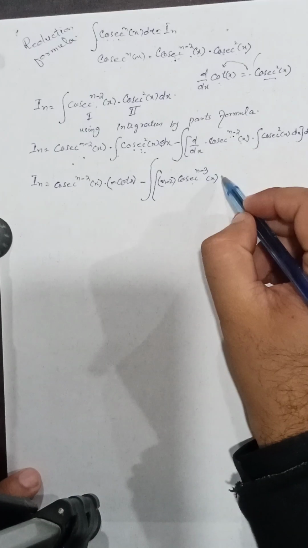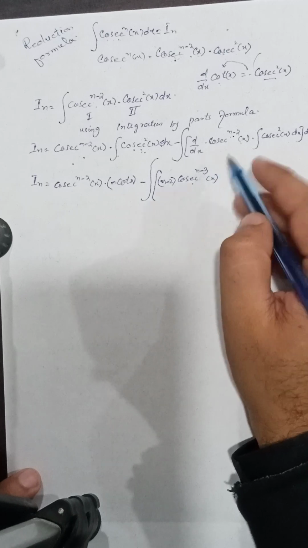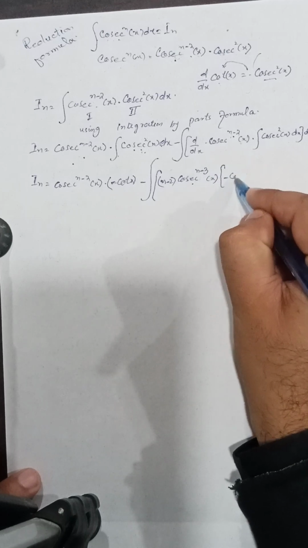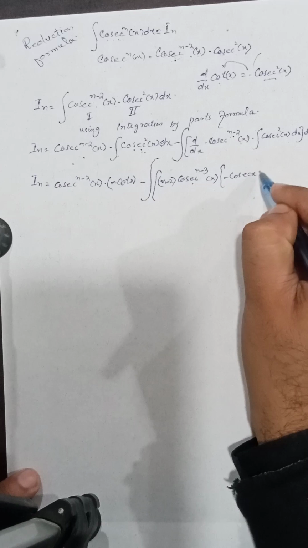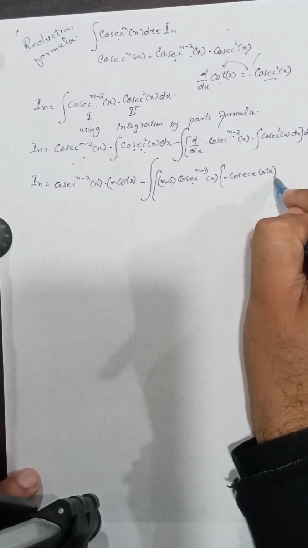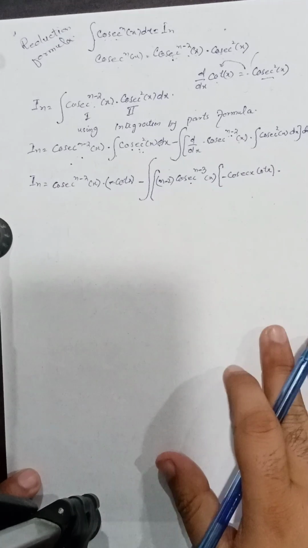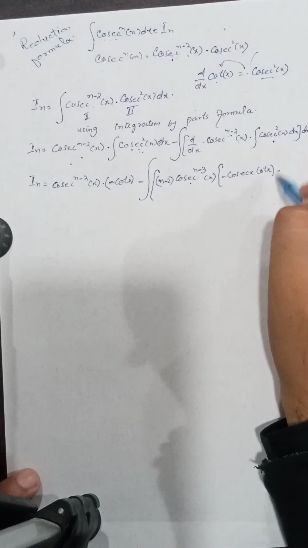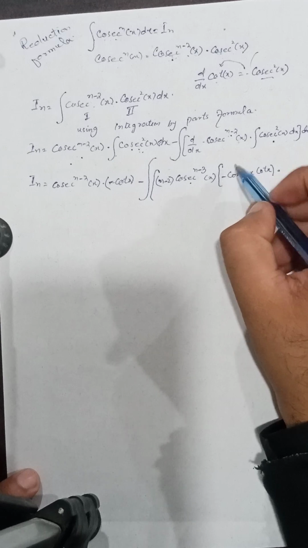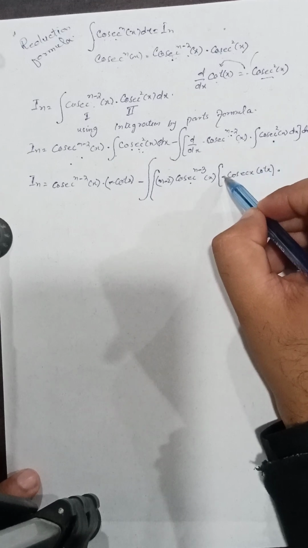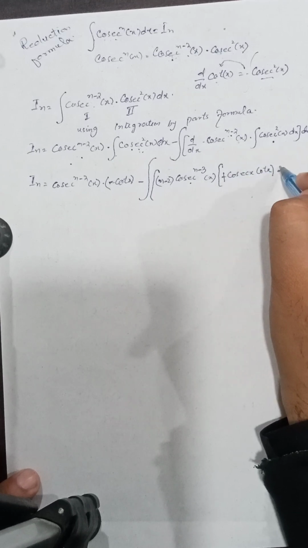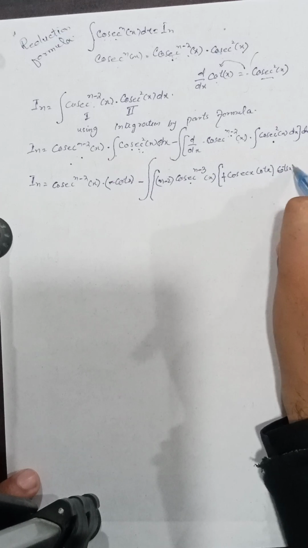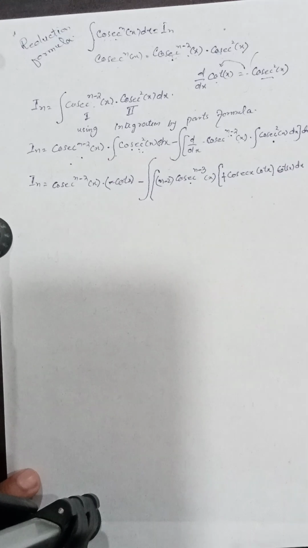And again the derivative of cosecant x by the extended power rule is minus cosecant x and cotangent x, and the integral of cosecant square of x is minus cotangent x, which is multiplied with this minus, so it will be plus, equal to cotangent of x with respect to x dx.